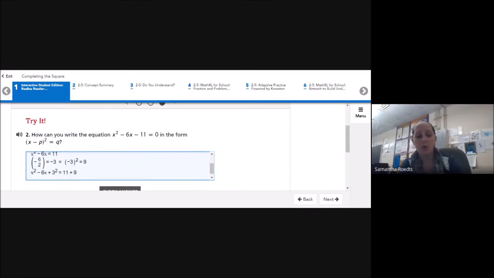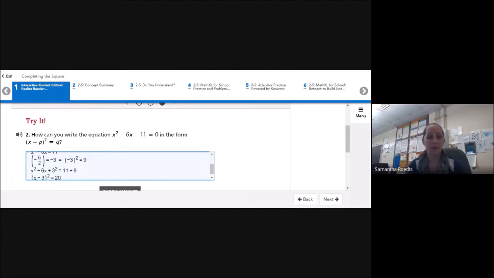Okay, so now when I rewrite this, remember I had this minus sign here, so that means it's going to be x minus 3 squared equals 11 plus 9, which equals 20. So x minus 3 squared equals 20.